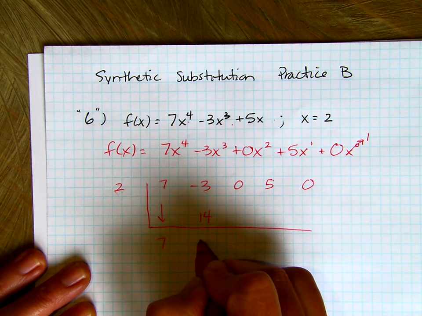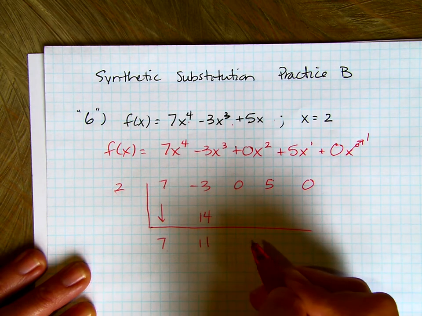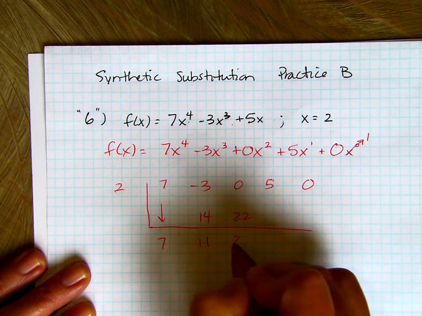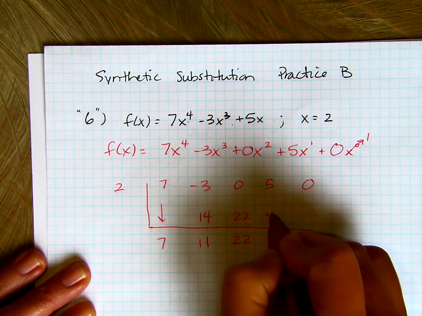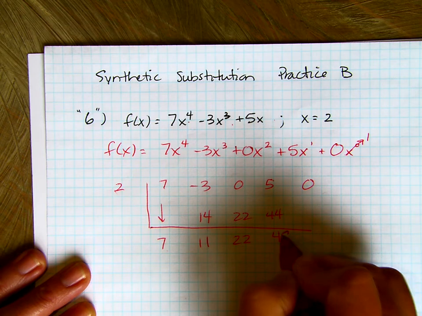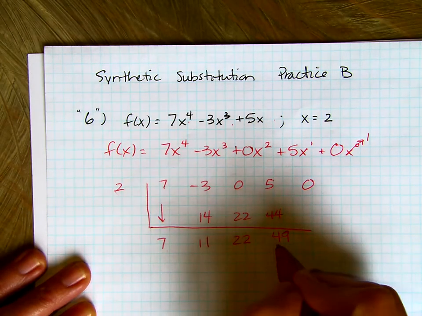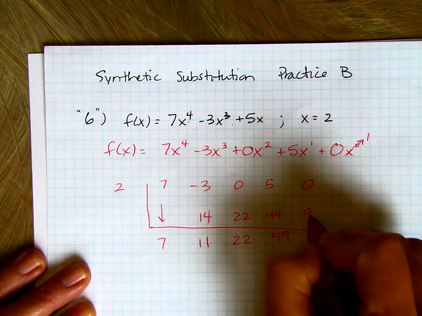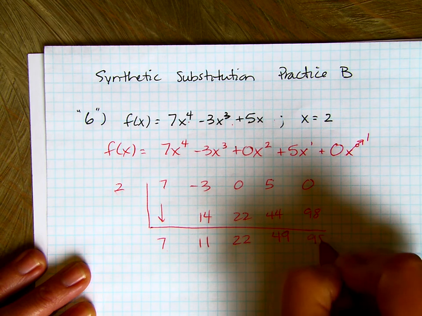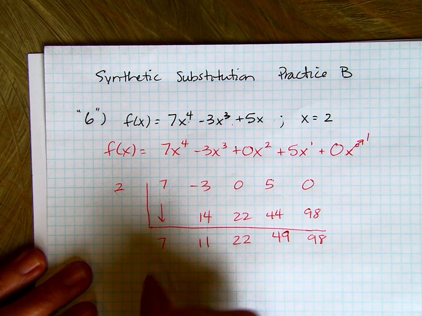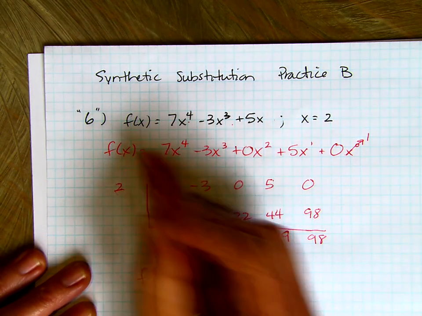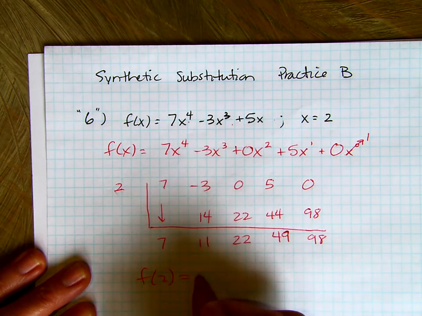Add, that would be 11. 2 times 11 is 22. Add, 22. 2 times 22 is 44. Add, 49. 2 times 49 is 98. Add, 98. So if I plug 2 into the function, f of 2, 98 should come out.